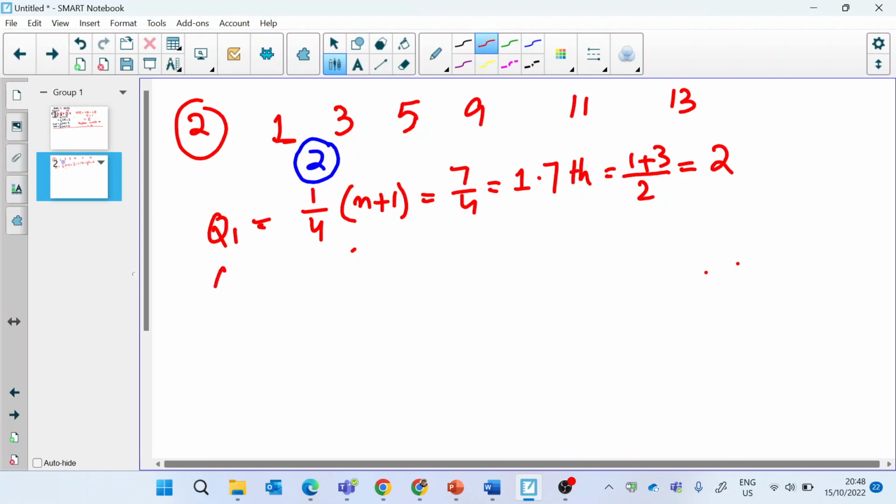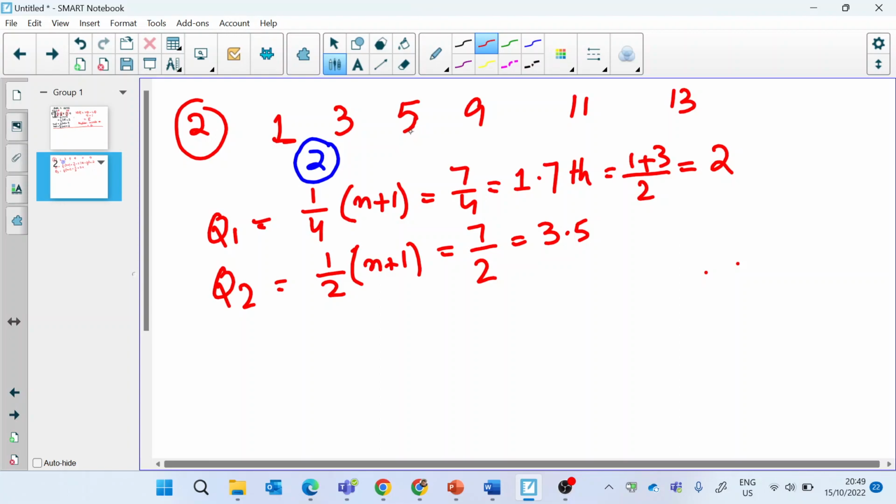And now we write Q2. For Q2, the formula is 1 over 2 times (n plus 1), and this becomes 7 over 2, which is 3.5. That means between the third value and the fourth value.